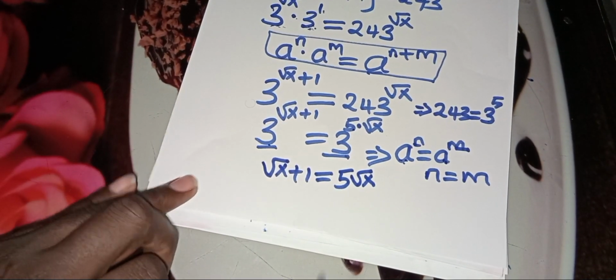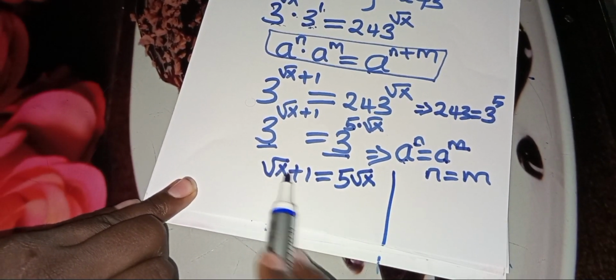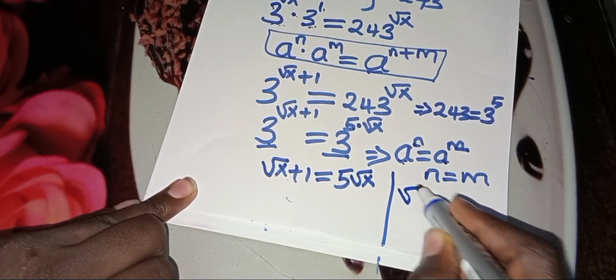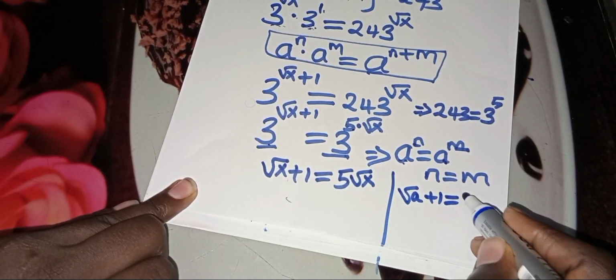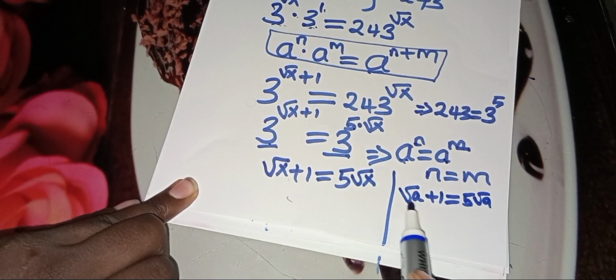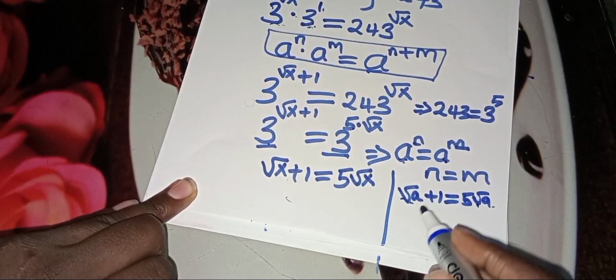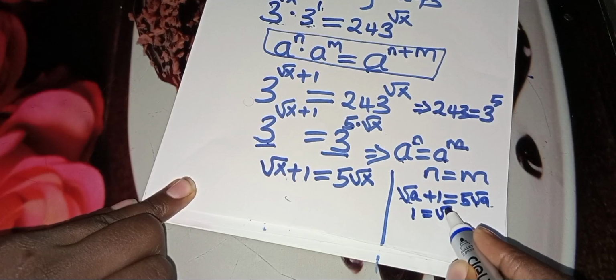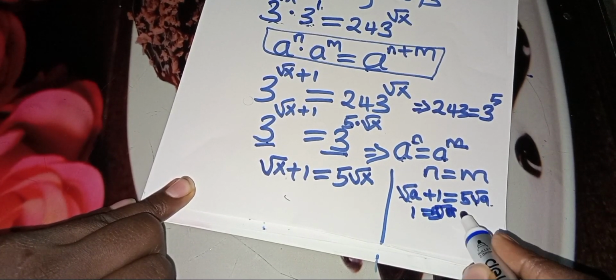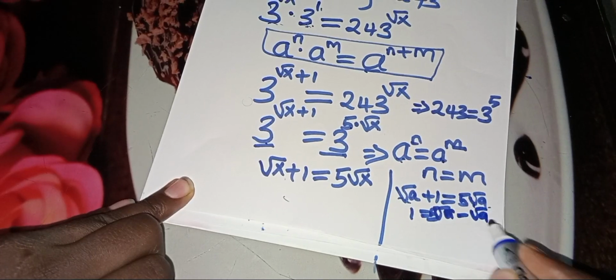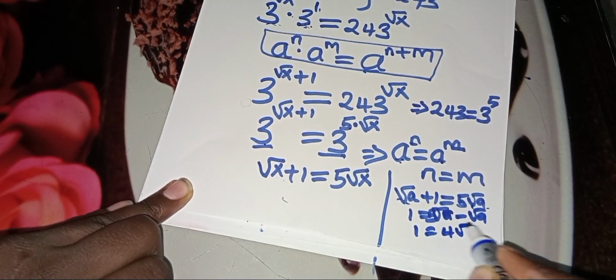Now, for instance, if you have square root of a plus 1 is equal to 5 square root of a, you just collect the like terms, okay? So that you're going to have 1 is equal to 5 square root of a minus square root of a, which is supposed to give us 4 square root of a.